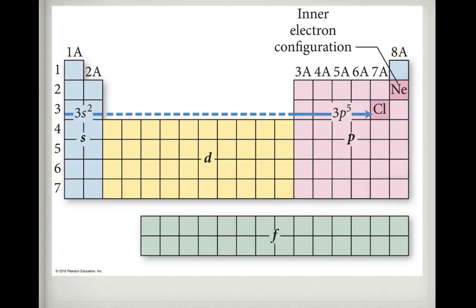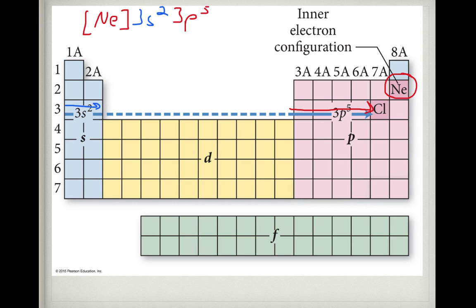Let's take a look at some examples here. If we're looking at chlorine, we can do a couple of different things. We can use noble gas notation, where we find our previous noble gas, not the closest noble gas, but the previous one. So we could say neon, and then we have what's left. We've got 3s2, and then we come across and we've got 3p5 to get to chlorine.